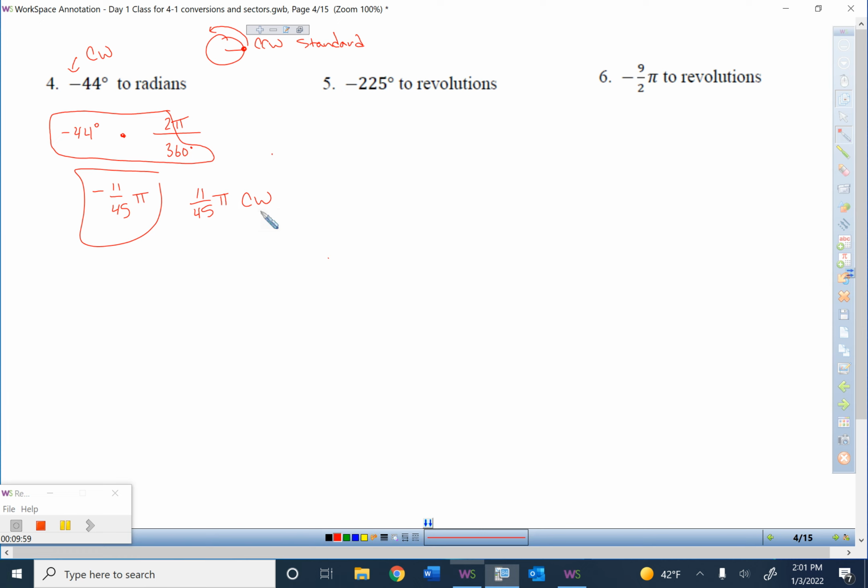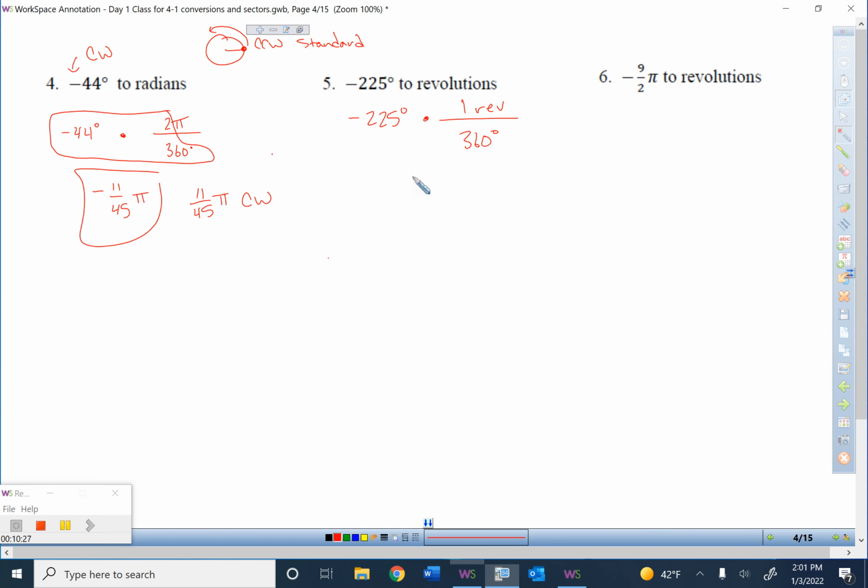All right, we'll do a couple more together here before I set you loose to try some on your own. We've got a negative again on this one. We're just changing this one to revolutions, starting out with what we're given and multiplying by our fraction. We're putting 360 degrees on the bottom to get rid of those degrees, and we're putting 1 revolution on top. This one we're just multiplying straight across, but this one doesn't matter, so we just have to divide those two.